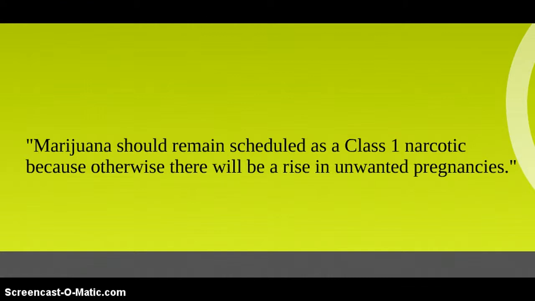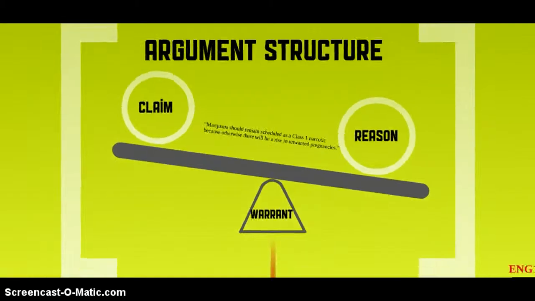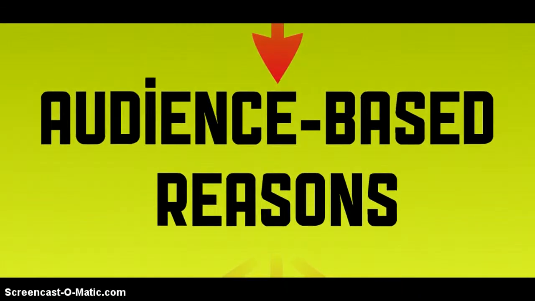The warrant is going to fall somewhere between the claim about marijuana and the reason about unwanted pregnancies. So in this case, we're going to be looking for the audience to agree with something about the relationship between marijuana and unwanted pregnancies, or at least marijuana use and lowered inhibitions.